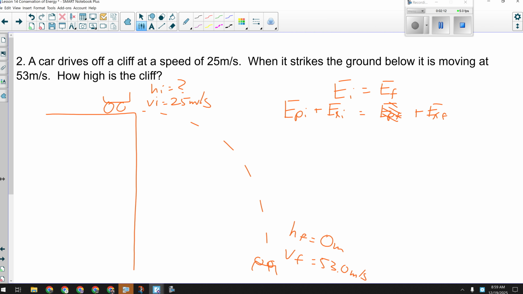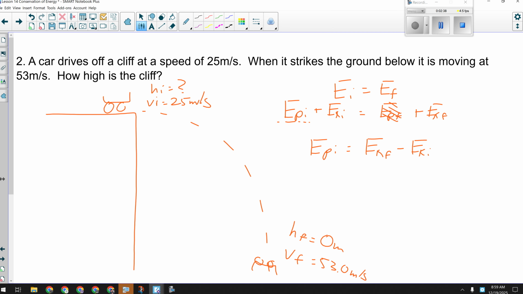What I'm looking for is the initial height. That would be part of that term, so I need to get that term by itself before I start plugging in other formulas. What do I do with EKI to move it to the other side? Subtract it. So the initial potential is going to equal the final kinetic minus the initial kinetic.